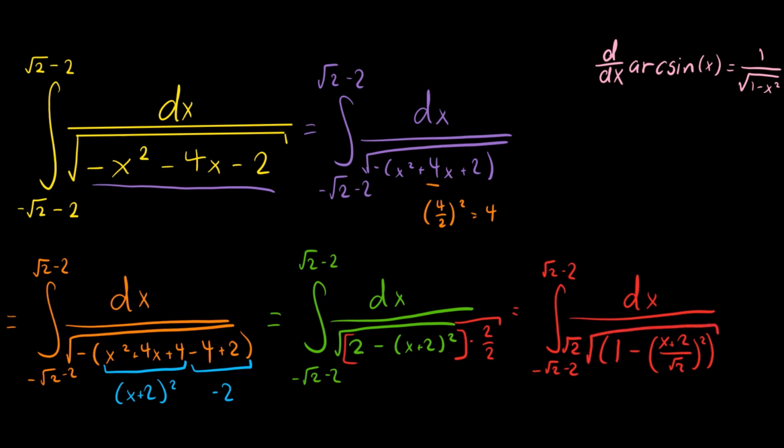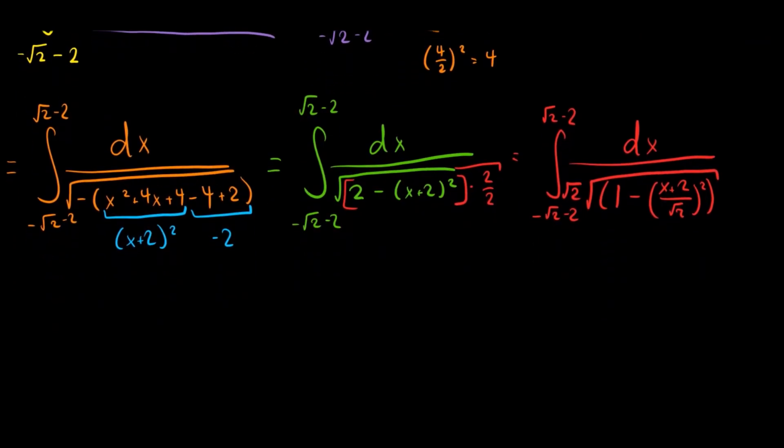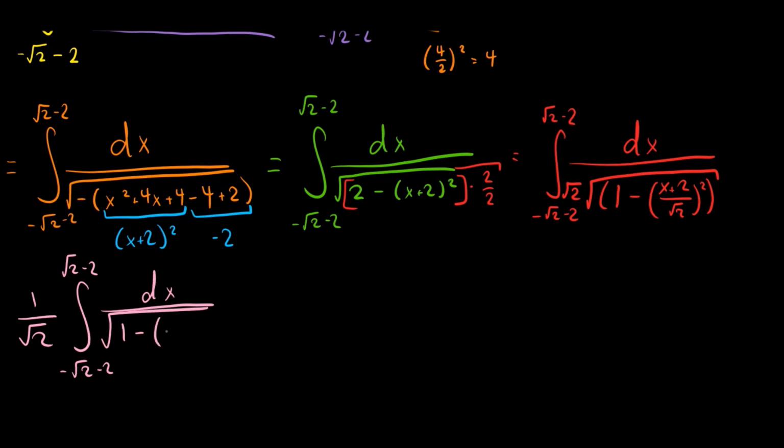So now I'm going to bring that square root of 2 outside the integral, so we will have 1 over the square root of 2 times the integral from negative square root of 2 minus 2 to positive square root of 2 minus 2, and that will just be dx divided by the square root of 1 minus x plus 2 divided by the square root of 2 squared.